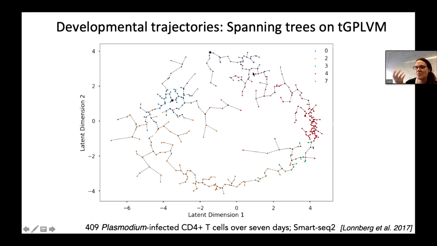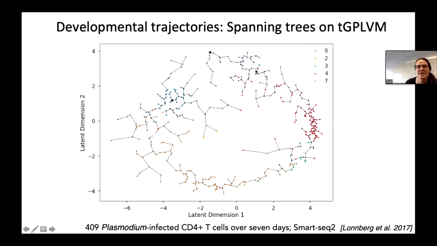But then on top of this, we can do a really simple thing. We can put a nearest neighbor spanning tree, and here you can see what we find from this in this low-dimensional space. Here's the root right here, the star, and I'm not entirely sure what the second star is, but this is the root of the tree. The nice thing about this is it very nicely separates day 0 from day 7.